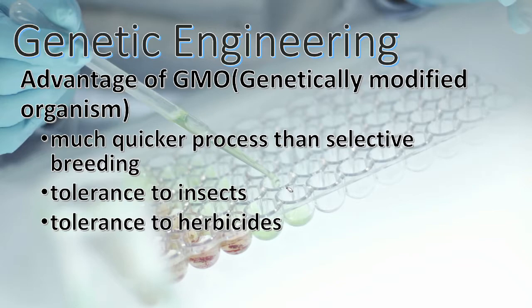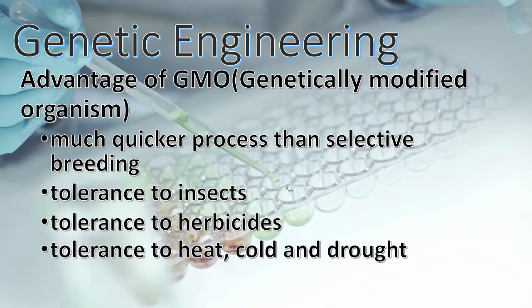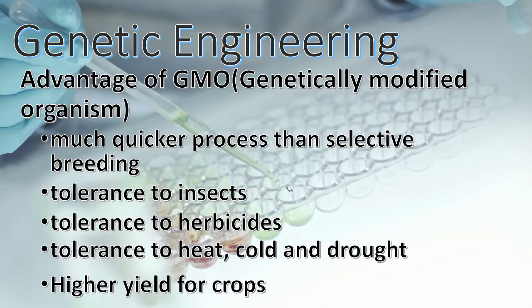So if you apply poisons to your crops, the undesired grass or vegetation around the crops will die, except for the ones that you genetically modified. Fourth is tolerance to heat, cold, and drought, like the tomatoes we explained. And finally, these organisms will have higher yields.